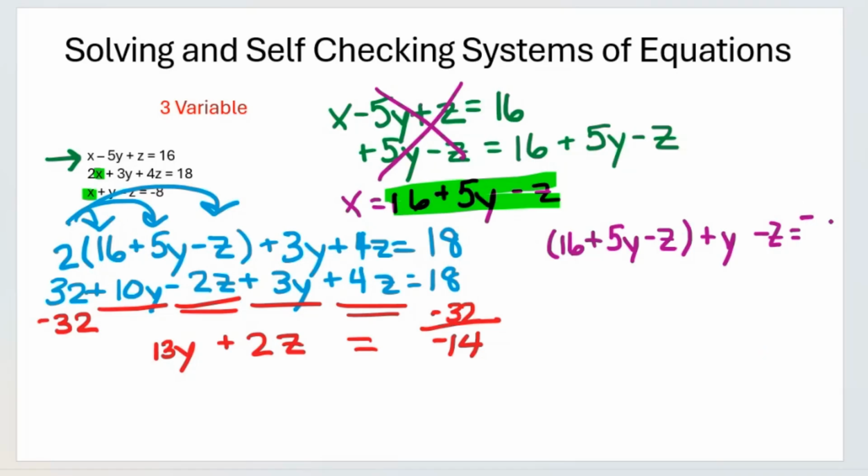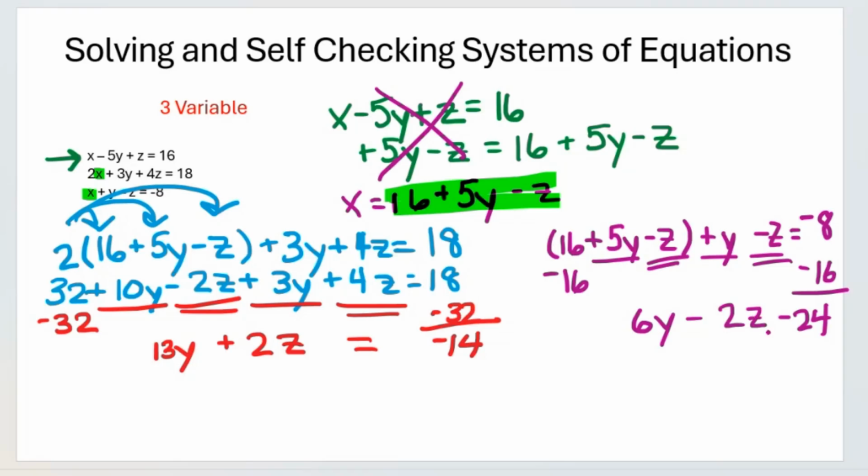All right, and I'll combine what I can. So it's a positive 16. There's nothing to be multiplied, so I can just start moving things around. Negative 8 and negative 16 is negative 24. All right, I have 5y here plus y. That is 6y. And I have negative z minus z, so minus 2z.